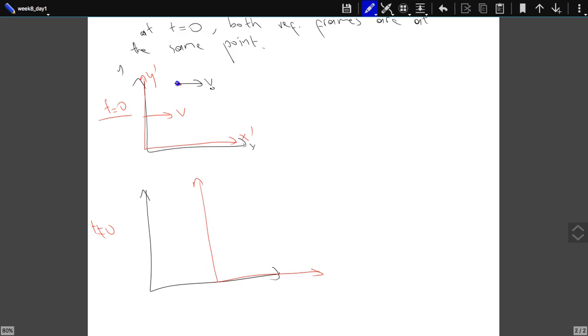So what this means is that if initially it is at this point, x0, after a time t, it will be at this point, x1.